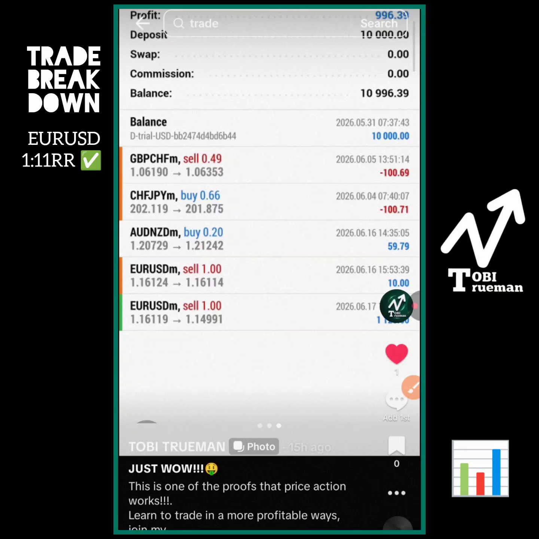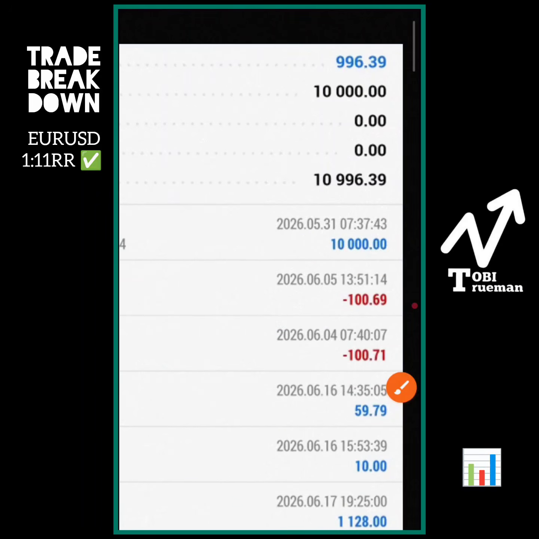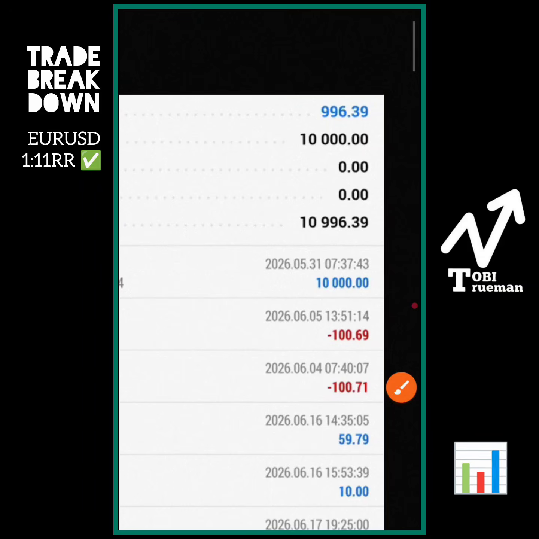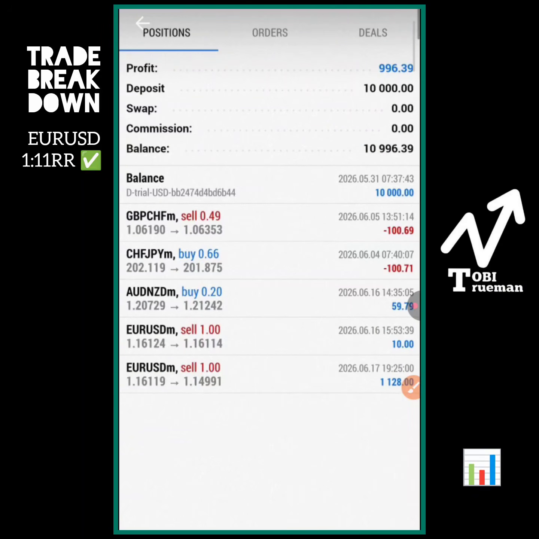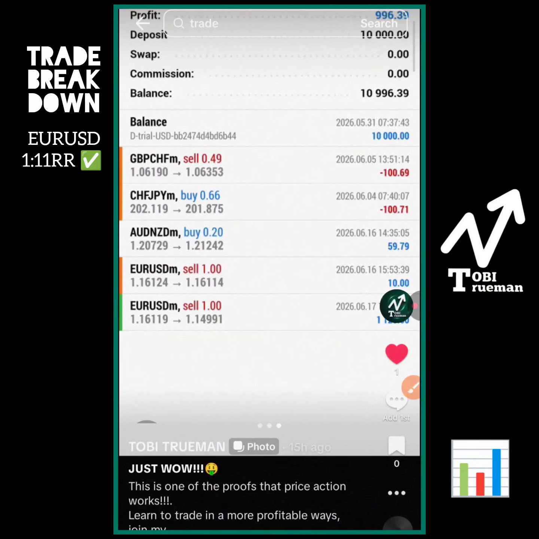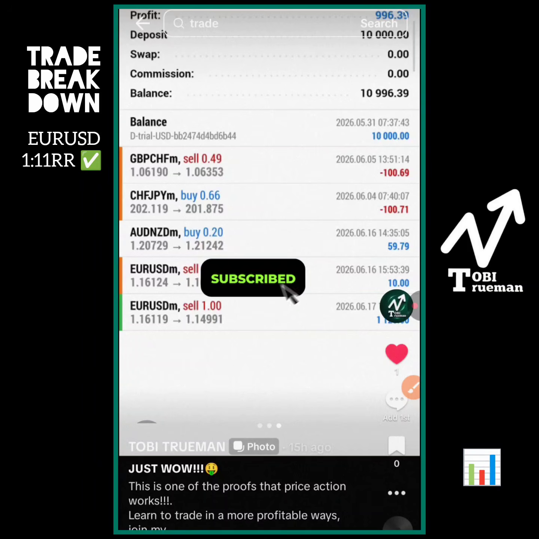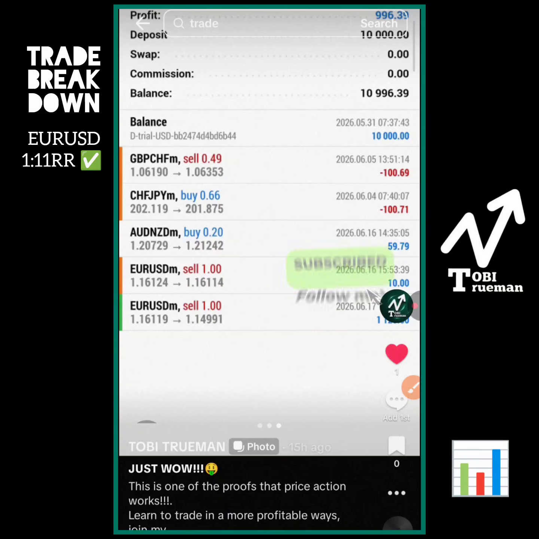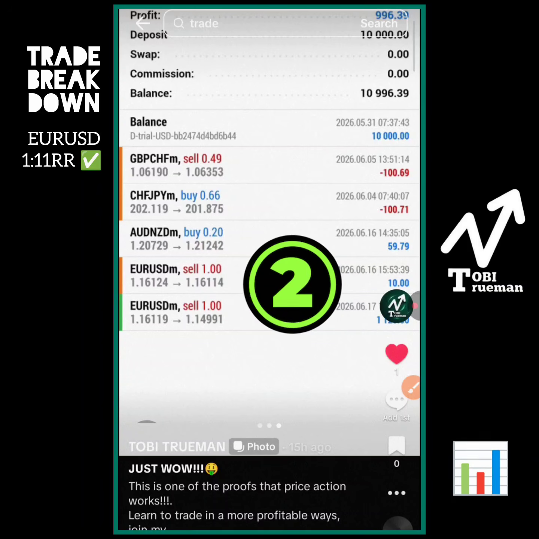I have some other losses here, but overall this month alone I've been able to make $996. That's about 10% of the $10,000 that was deposited on the demo account. This is just to show that this particular strategy works effectively. All you have to do is spend more time on the chart, practice, and you make more profit. So that is it. Thank you.